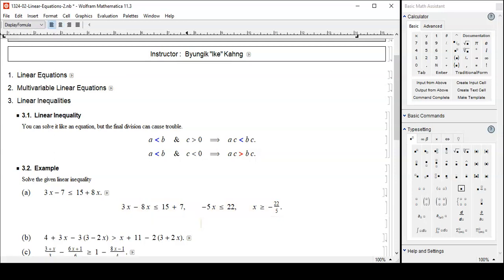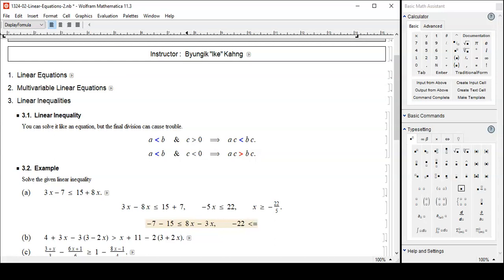Now, if you do not want to meddle with dividing by a negative number, then do it this way. Flip this 3x to the right-hand side and push this 15 to the left-hand side. Negative 7 minus 15 is greater than or equal to 8x, which was there before, minus 3x. Remember, change the sign. Negative 7 minus 15, so that's negative 22.